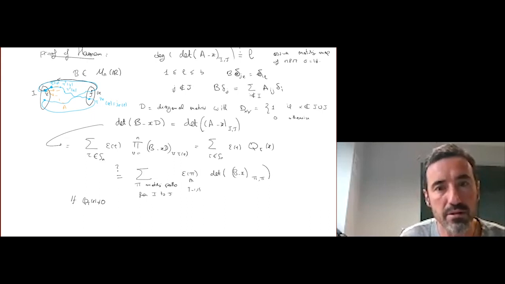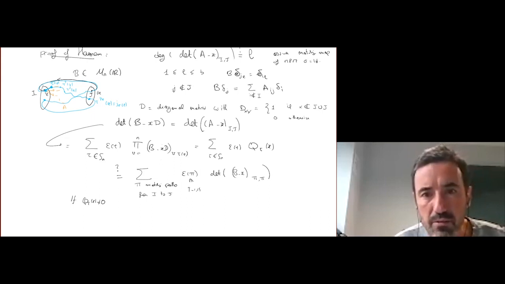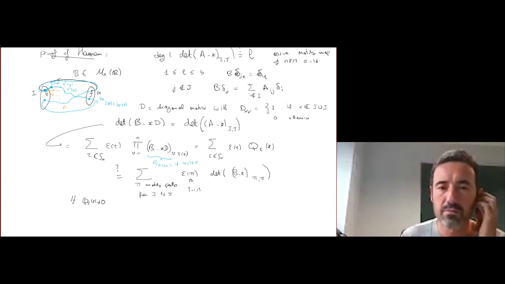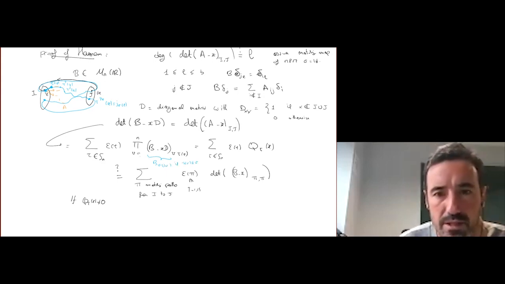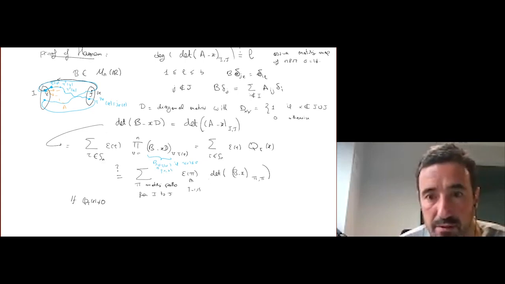So here you have to take the product. Since when V is different from tau of V, this is simply B of V of tau V, when you are not a fixed point of the permutation. And so this is 1 or 0. So there is this bunch of products of 1.